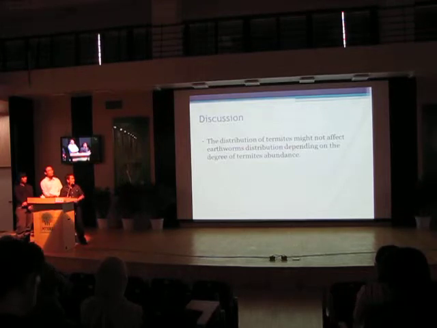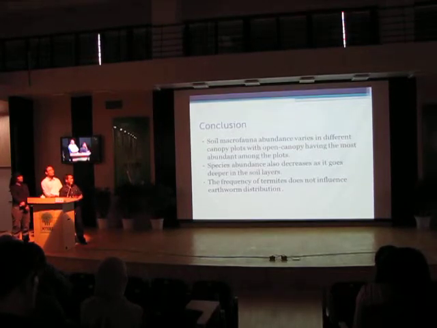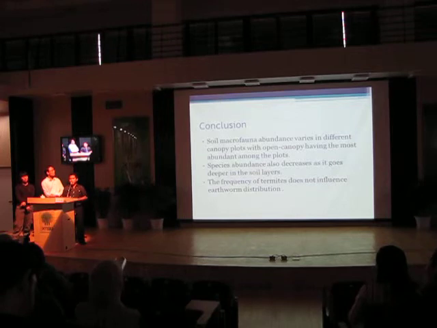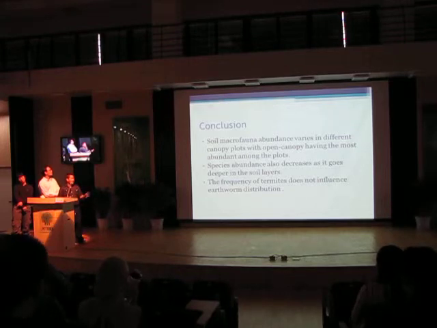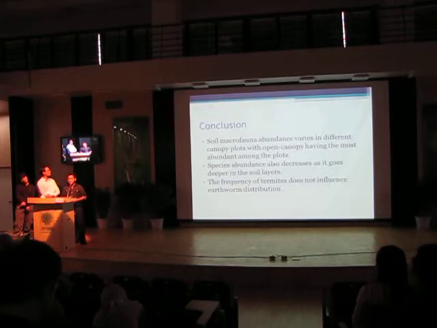earthworm abundance. And then, as a conclusion, soil macrofauna abundance varies in different canopy plots, with open canopy having the most abundance among plots, and also the first layers being the most abundant, and the frequency of termites does not influence earthworm distribution.